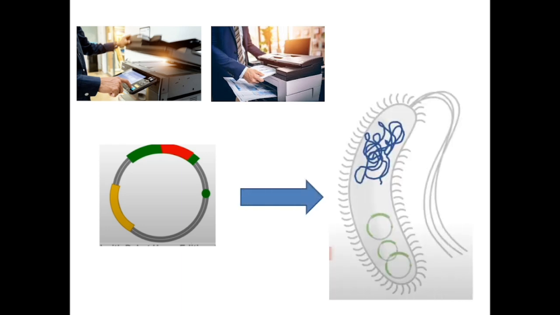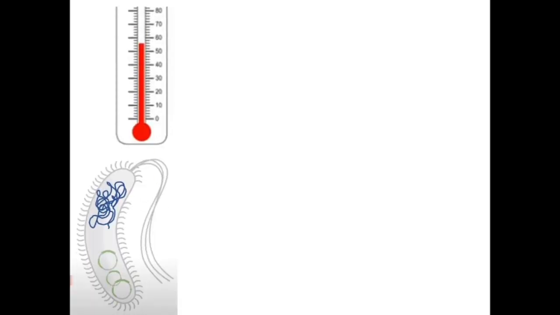Now the bacteria grow in optimal temperature conditions. The plasmid which holds the gene of interest also grows, and we have more copies of our gene of interest. Some bacteria inherit a low number of plasmids and some bacteria have a high number of plasmids, so the copy number of plasmid is regulated.